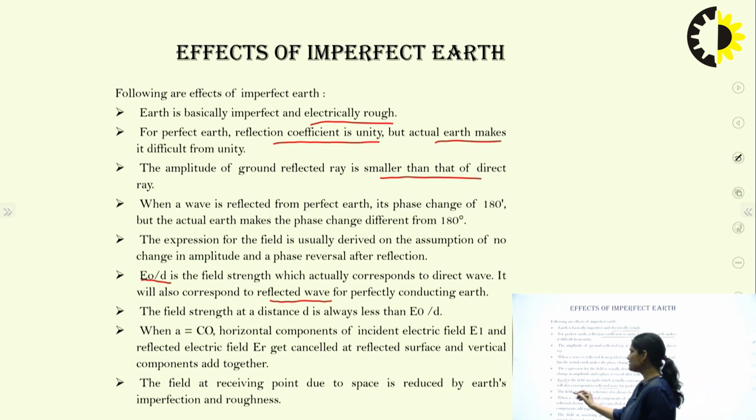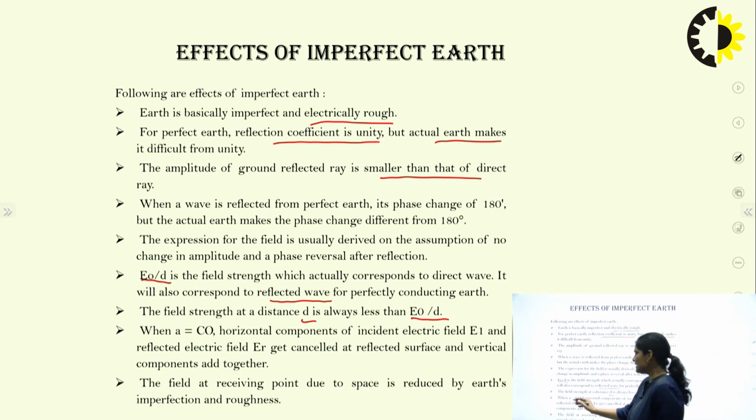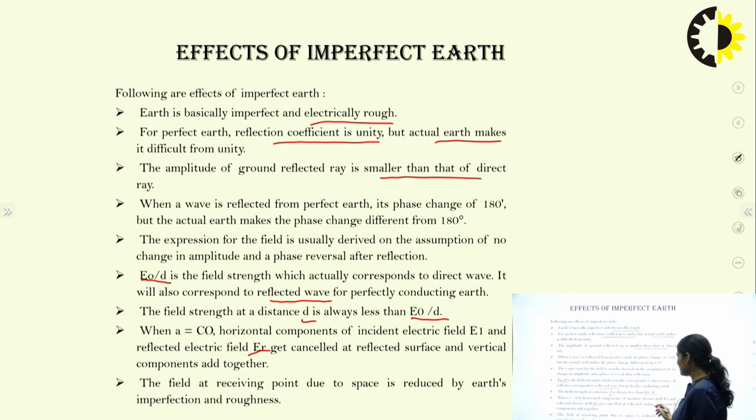Now the next point is, field strength at a distance D is always less than E0 by D. When the angle is equal to zero, horizontal components of incident electric field EI and reflected electric field ER get cancelled at the reflecting surface and vertical components add together. So the field at the receiver point due to the space wave is reduced by Earth's imperfection and roughness. So these are the effects of imperfect earth.